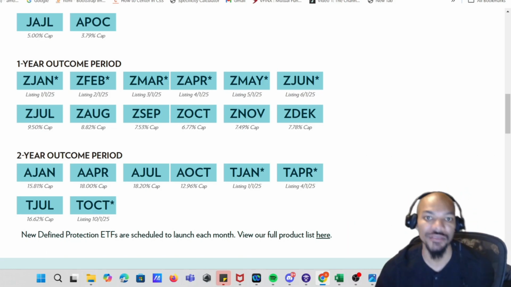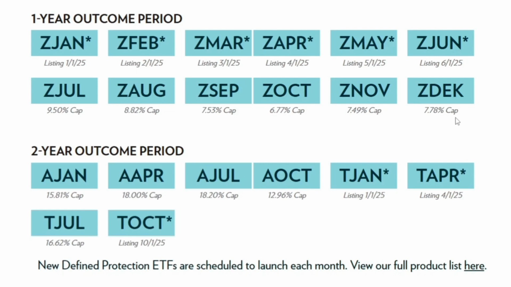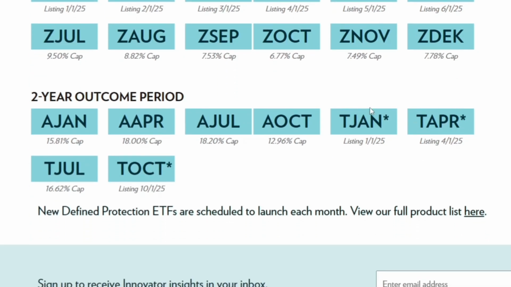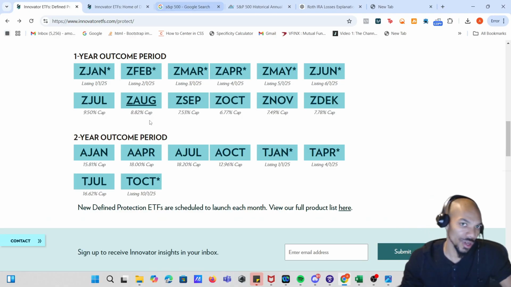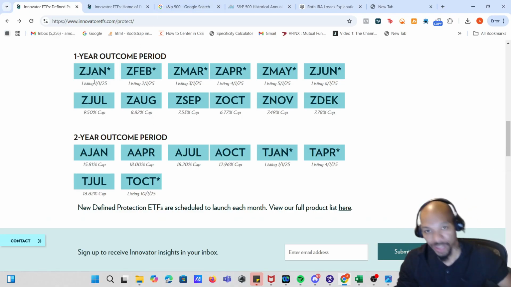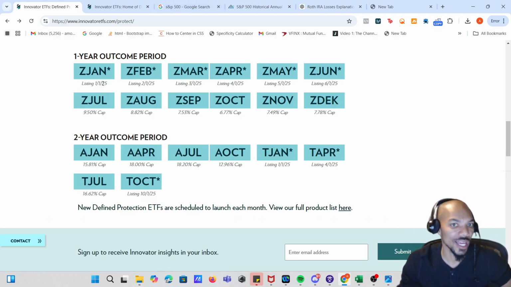And December, 7.78% cap as well. Now for the 2 year one, they have 15.81, 18, 18.20, 12.96. So each particular month the numbers can vary. So the one in January, that one can vary too, and you'll know when that date comes up.